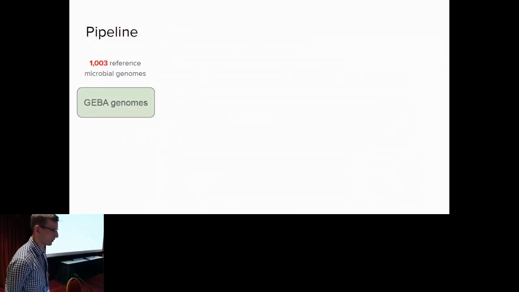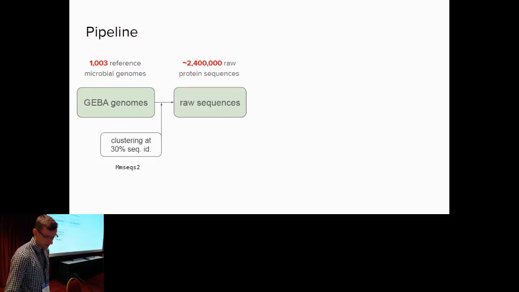In the first stage of our project, we focused on a cross-section of microbes that live on Earth. We took 1,000 reference microbial genomes from the Genomic Encyclopedia of Bacteria and Archaea, which we then clustered.